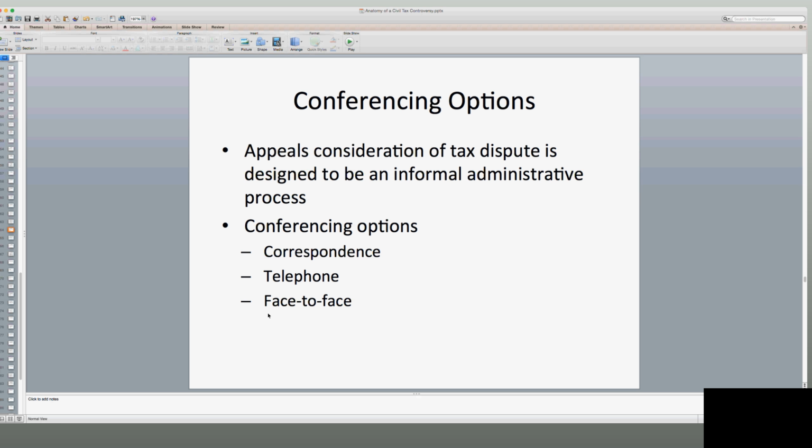And that's after the appeals officer has received all the documents in the case, the file from the examiner as well as the taxpayer's documents and position and arguments and their entire file. That's when they'll get on the conference call with you.